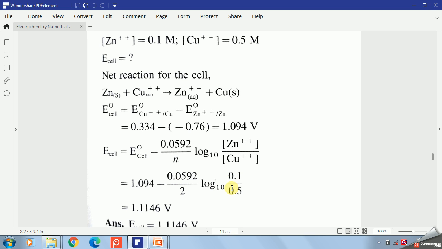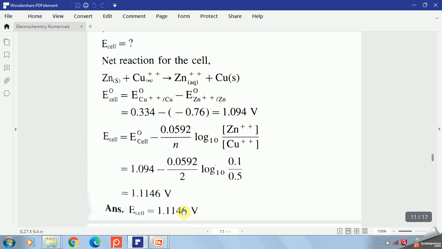That is nothing but log 5, and log 5 you know. What is log 5? It is 0.6990 into 0.0296, and that answer is 0.0207. Subtract that from 1.094, your answer is 1.1146 volt. That is the EMF of the cell.